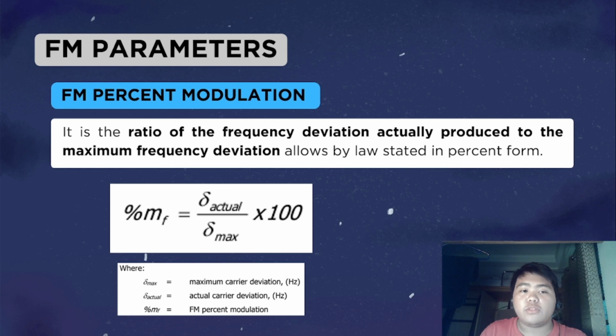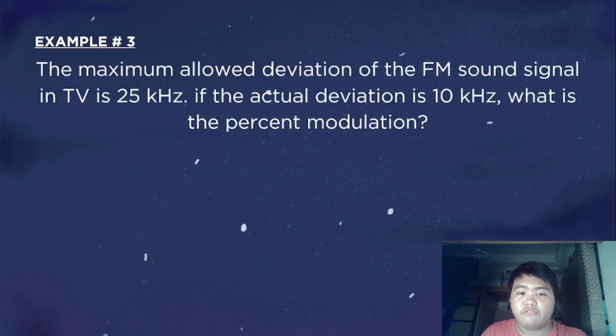Another parameter that we need to consider is the FM percent modulation. It is the ratio of the frequency deviation actually produced to the maximum frequency deviation allowed by law, stated in percent form. So an example to this is, the maximum allowed deviation of the FM sound signal in TV is 25 kHz. If the actual deviation is 10 kHz, what is the percent modulation?